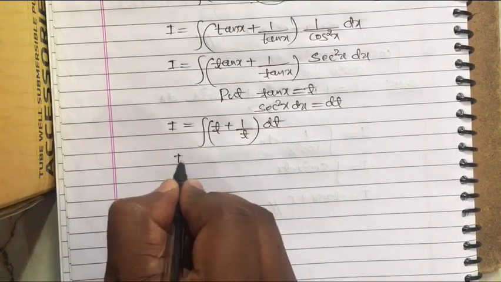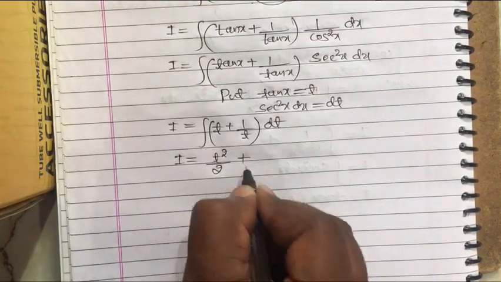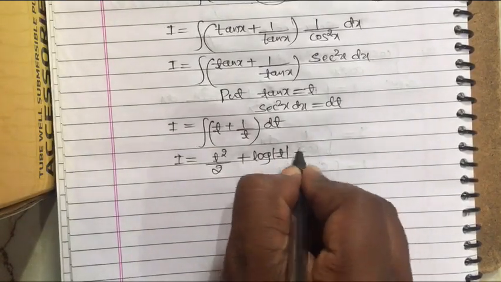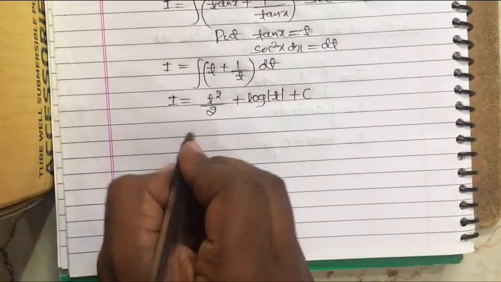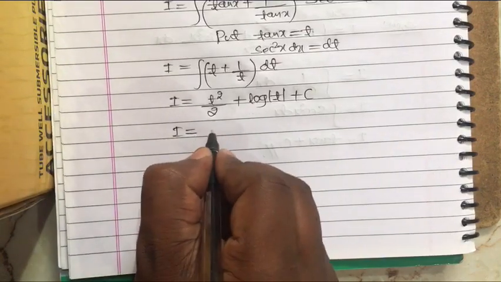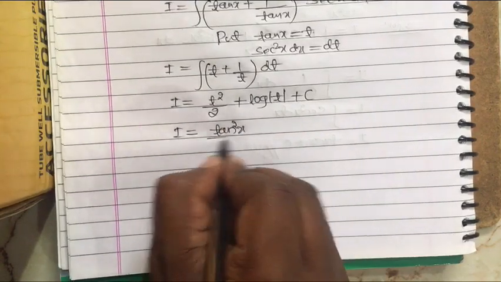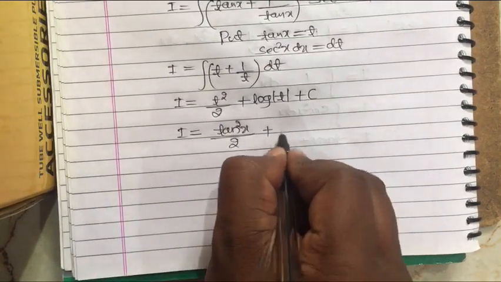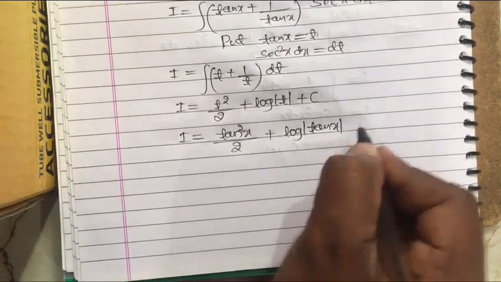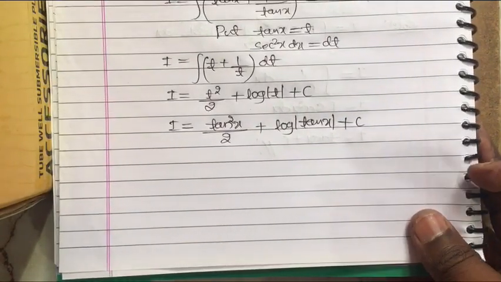Integrate them separately: we get t square by 2 plus log mod t plus c. Now replace t, which is tan x: we get tan square x divided by 2 plus log mod tan x plus c. So this is all about the 19th problem.